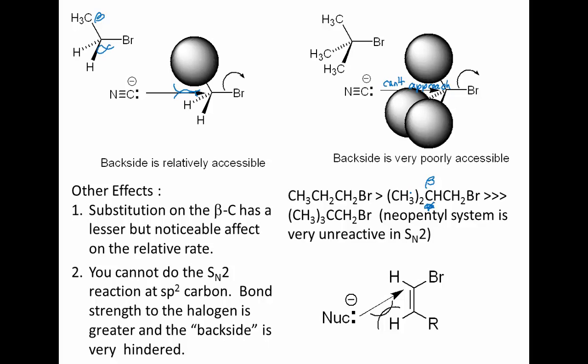The other structural limitation we're going to point out here is that you can't do the SN2 reaction at sp2 carbon. Okay, bond strength to the halogen is greater and the backside is quite hindered. So if you imagine the nucleophile approaching here, this hydrogen is kind of stuck out here in the place where the nucleophile needs to migrate by.